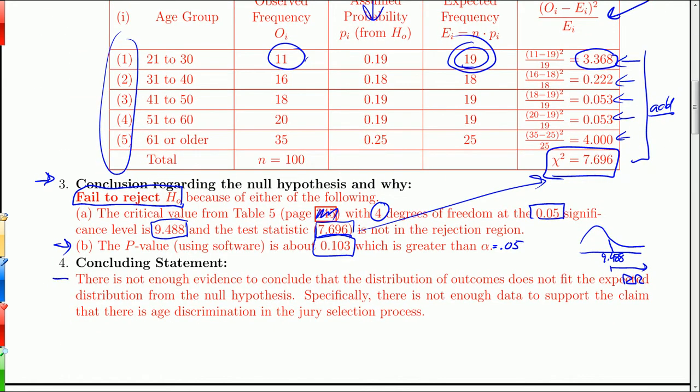So the way we say that, there is not enough evidence to conclude that the distribution of outcomes does not fit the expected distribution from the null hypothesis. Specifically, there's not enough data to support the claim that there is age discrimination. Right? There's not a perfect fit, but the fit is not bad enough to conclude that there's age discrimination going on. Right? So that's a goodness of fit problem.